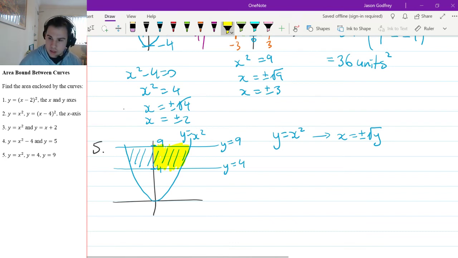So that piece there is the positive part of root y. So let's integrate positive root y, which is y to the half, and we're going to go from y equals 4 to 9, and that'll give us the yellow piece, right?